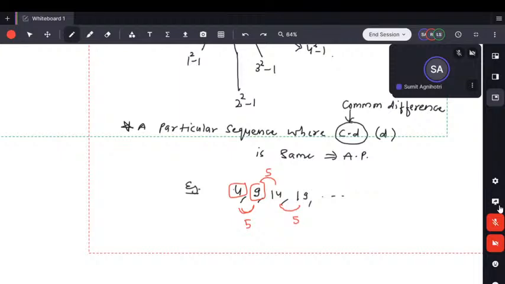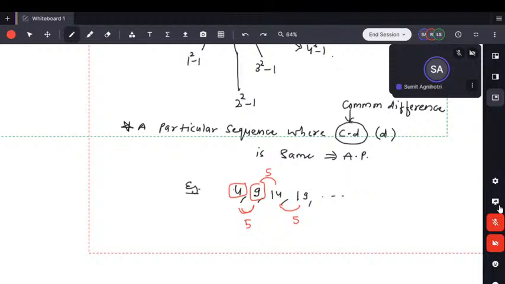Geometric sequence or simply geometric progression is a sequence having same common ratio. Here common ratio is denoted by small r.